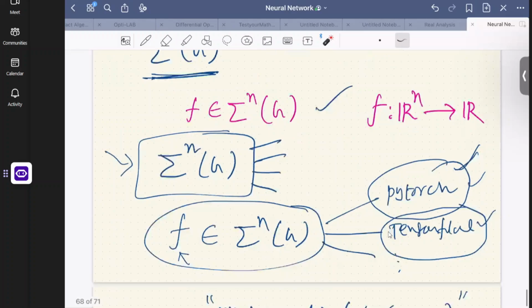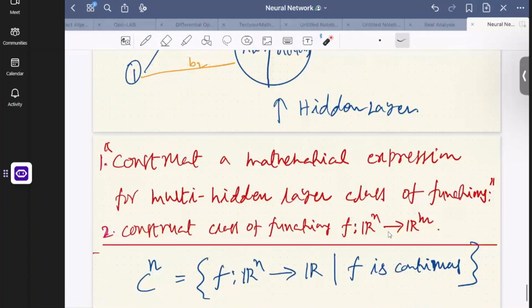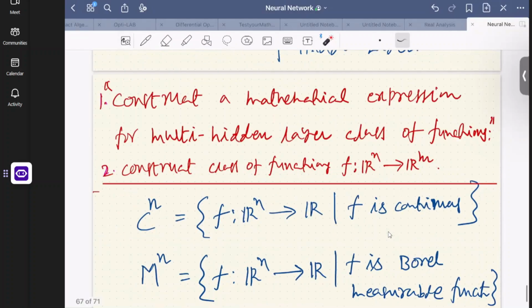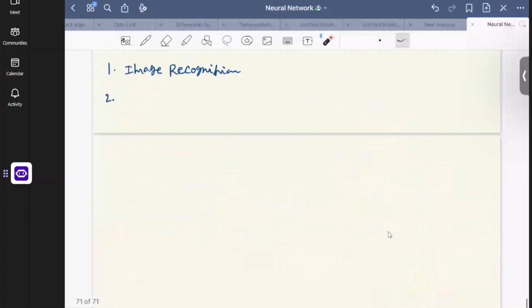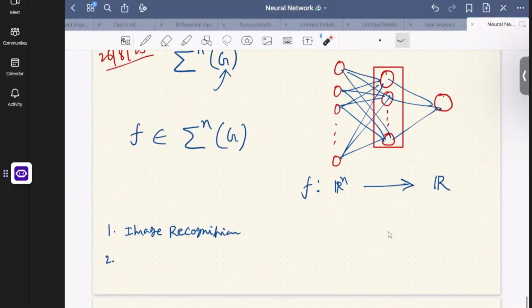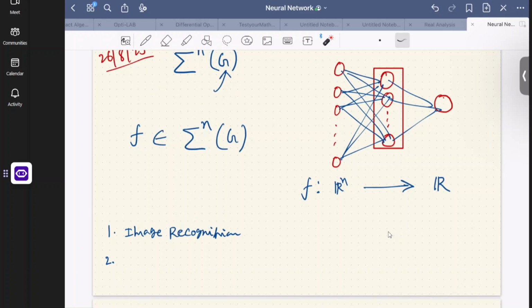I think I gave you this as an exercise: construct the expression for a multi-hidden layer network, which we can talk of as depth, and not just the one shallow layer, which records or predicts several features of an image.